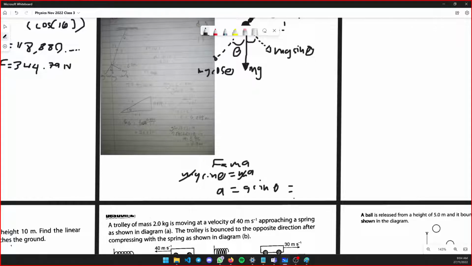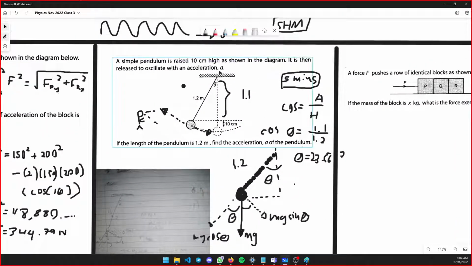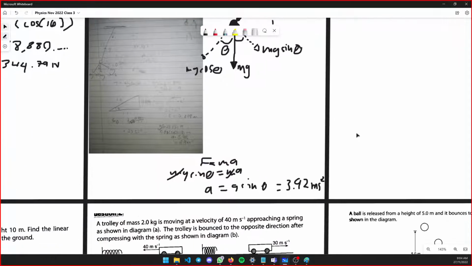It's 3.92, actually 3.921. Here, did they give you 2 significant figures or 1? Everything is 2, so you should also probably answer in 2. So 3.9. That's good.